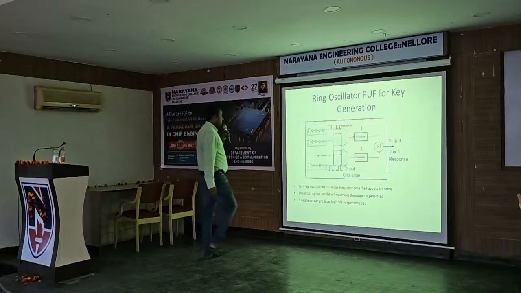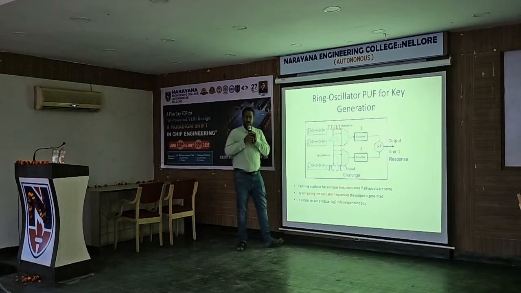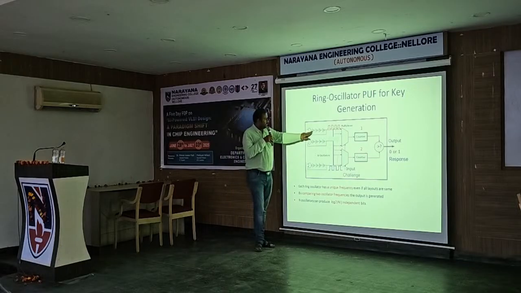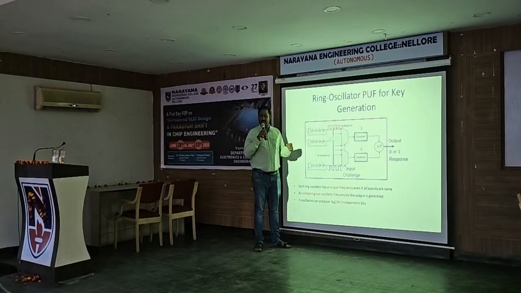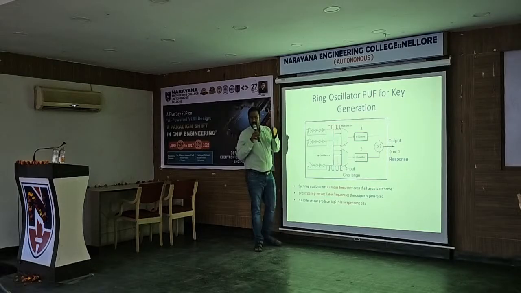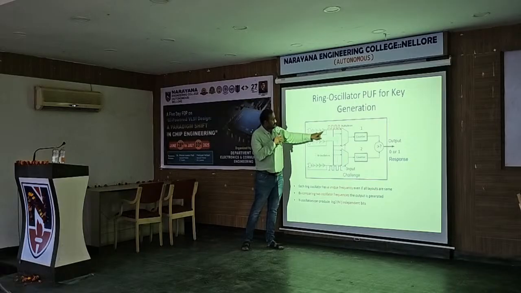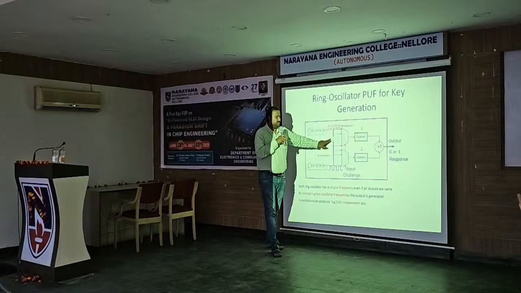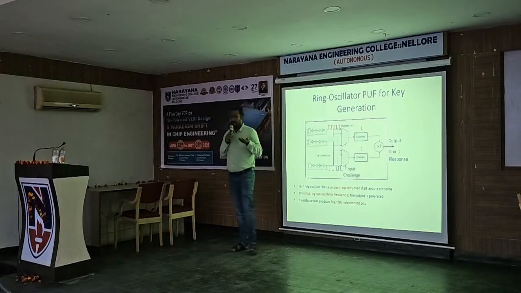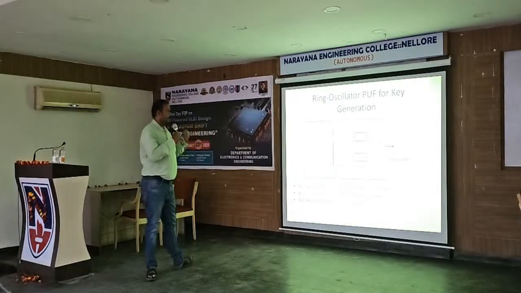They can use multiple gates. If the delay of this inverter and this one is not equal, because we will have some nanosecond or picosecond variation, that variation will make this frequency of the square wave completely different. If you can capture that difference, you will get a good random signal.